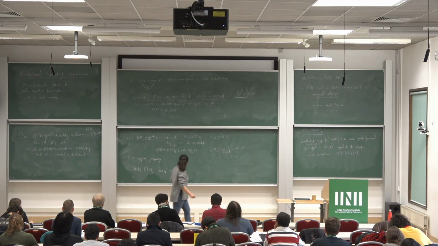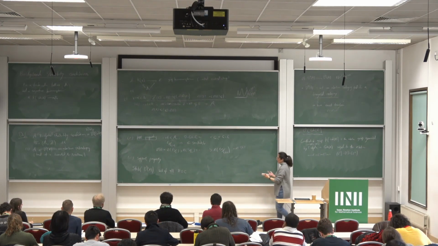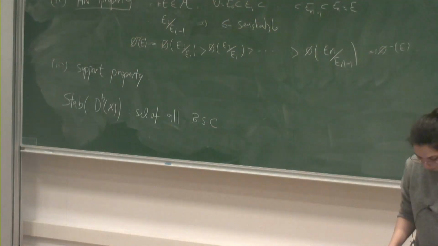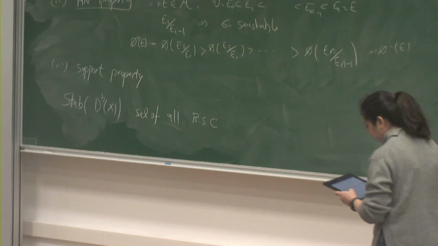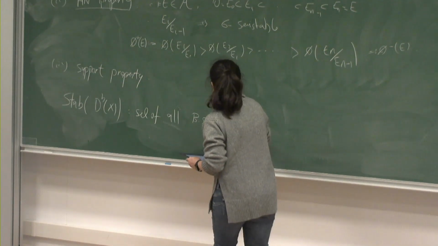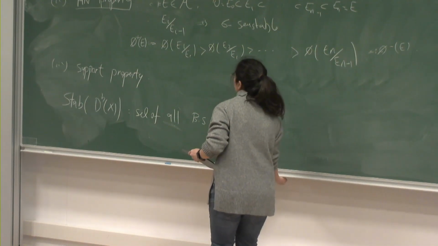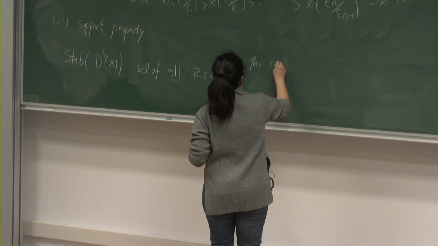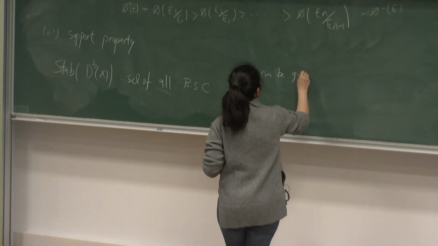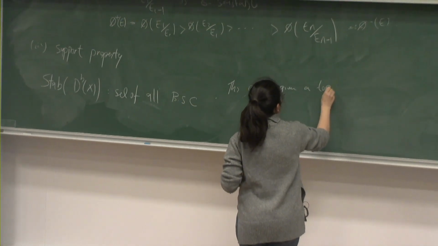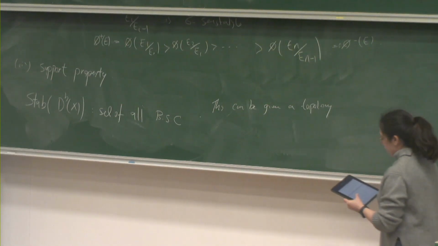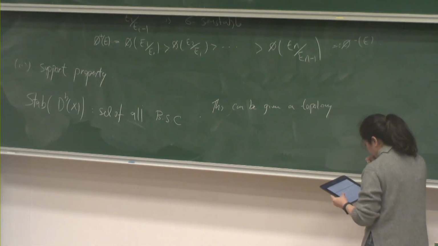But the cool point is that you can construct a natural topology on this space. Maybe I'll just write it down here. So this can be given a natural topology, which is just the coarsest topology which satisfies this condition.